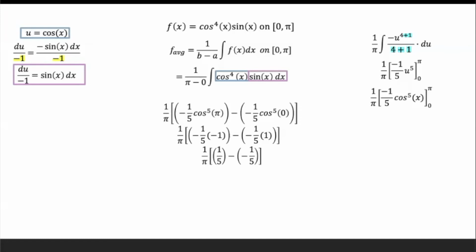So we have 1 over pi times 1/5 minus negative 1/5. And positive 1/5 minus negative 1/5 is 2/5. So we have 1 over pi times 2/5, and that gets us our final answer of 2 over 5 pi.